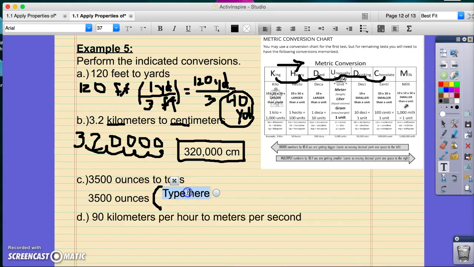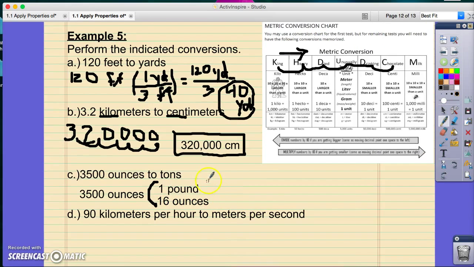So up top, I'm going to see if this works a little bit better for us. I'm going to type 1 pound over 16 ounces. And I'll explain that a little better in a second. Like I said, it's easier if I type the words.